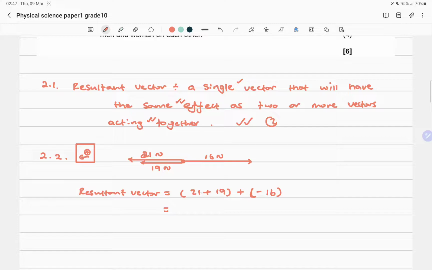So 21 plus 19 is 40, then minus 16, which gives us 24 newtons. And if this is positive, it's westwards, or to the west.